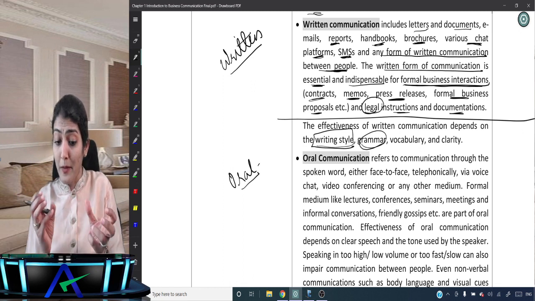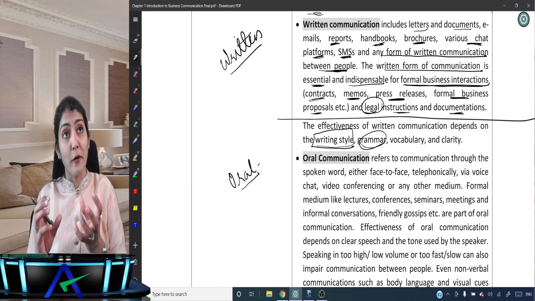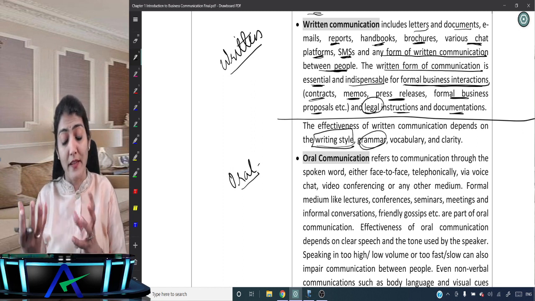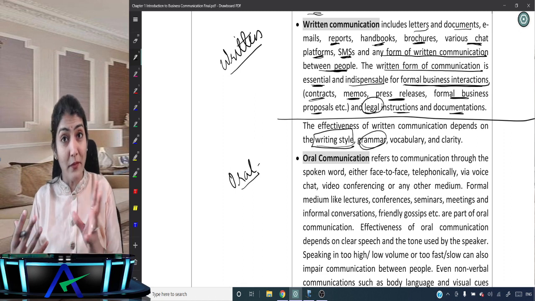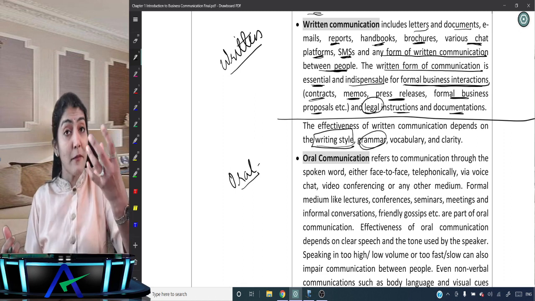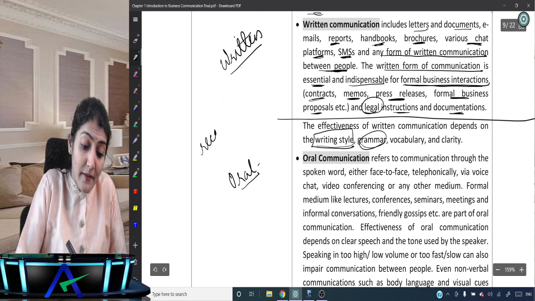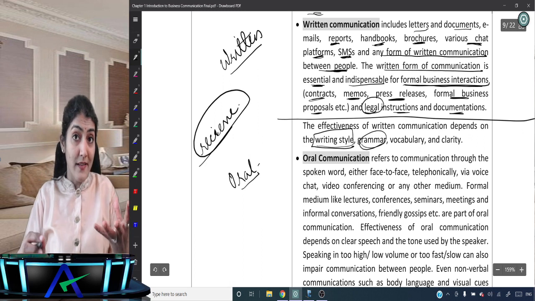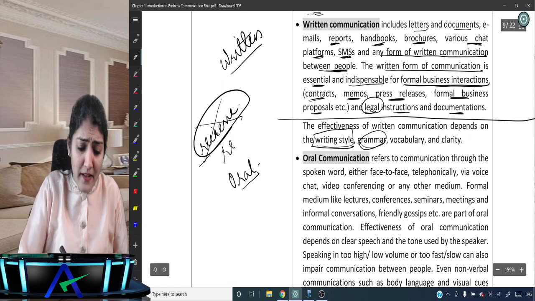Otherwise you get distracted from the main content and the main focus of the message, and you just start getting taken away by the incorrect grammar, even spelling mistakes for that matter. Writing the spelling of receive like this: now a student who is good at English will get irritated. He'll say, you don't spell receive like that.